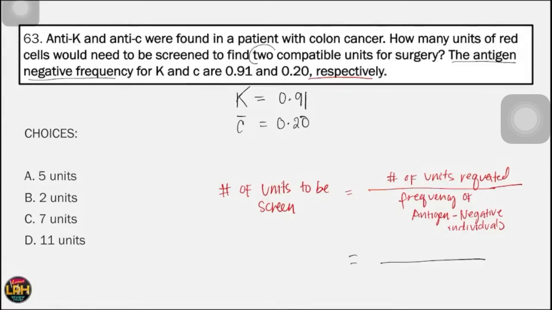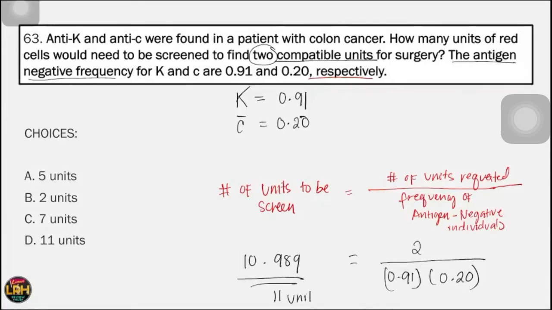Given that we need 2 compatible units, we divide by the frequencies, 0.91 multiplied by 0.20. So the answer here is 10.989, which is equivalent to 11 units. So meaning to say, we need to screen 11 units of blood for us to get 2 units of compatible blood units. Number 63, the answer is 11 units.